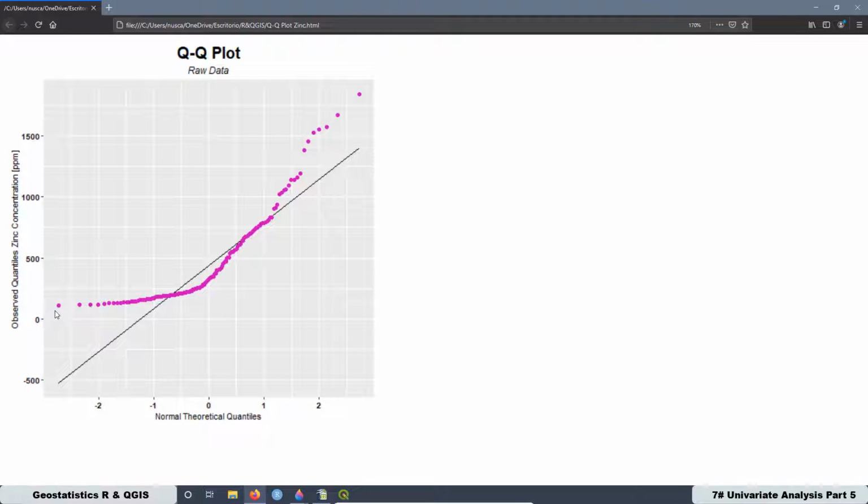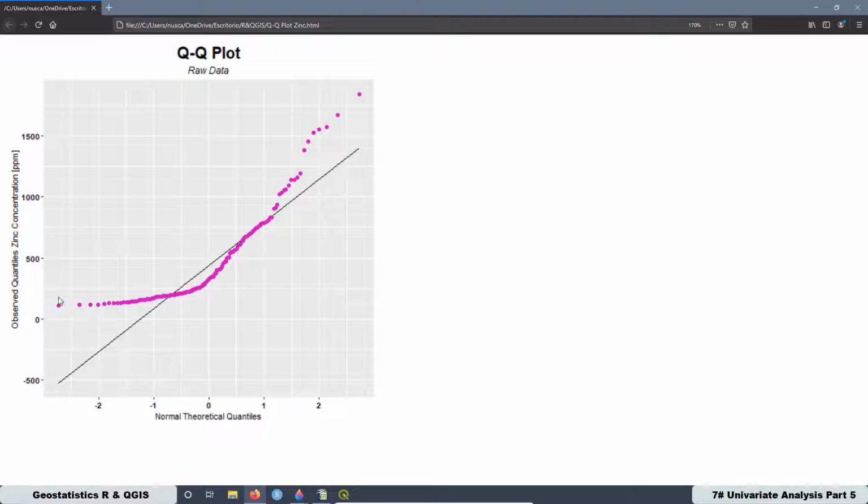We have a total of 155 points because we have 155 samples. We have 155 different values for the zinc concentration. Also, the range here goes from 0 to 1,800 something. There are no negative numbers.